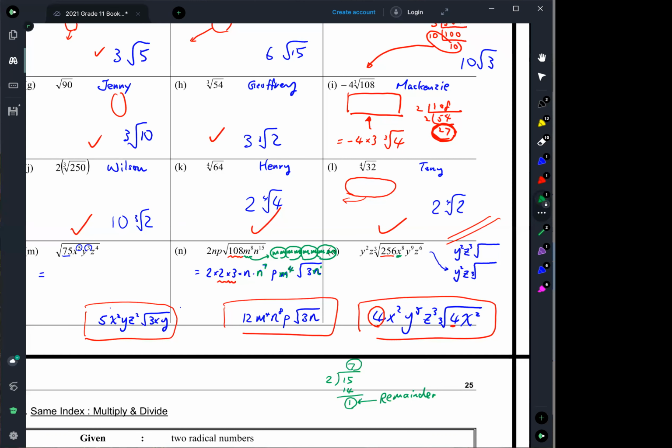Let's write them all out. 8 of them: x, x, x, x, x, x, x, x. We need 3 of them in a circle. How many circles? 2. That's okay. So x squared and then 2 x's left inside.